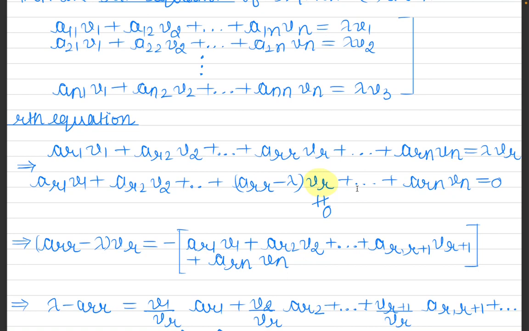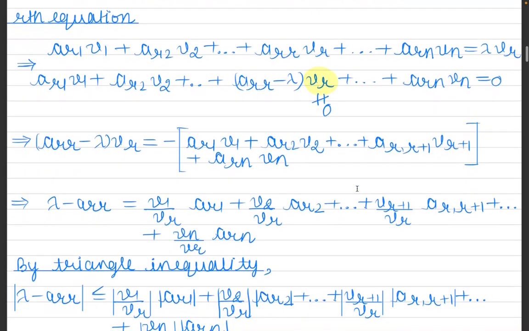So the rth equation, what is the rth equation? Rth equation will be AR1 V1 plus AR2 V2. Somewhere here you will have AR, R, VR, and so on and so forth, AR and VN.